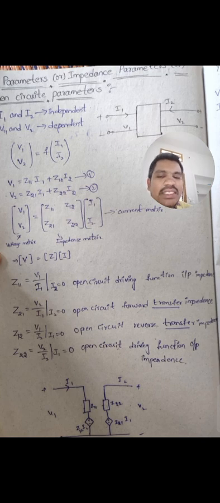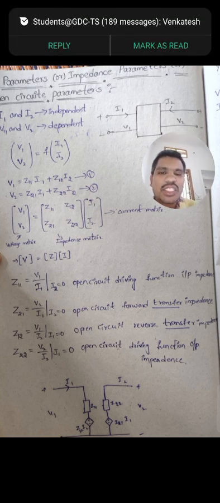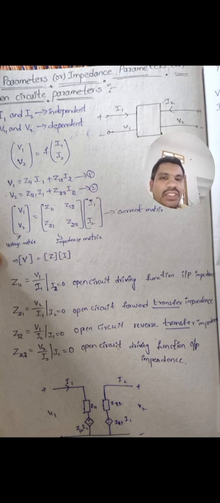That's why the Z21 parameter is called the transfer impedance. That means the impedance is transferred from the second port to the first port, because V2 is divided by I1 when I2 is equal to 0. Therefore Z21 is called the open circuit forward transfer impedance, and Z11 is called the driving point input impedance.